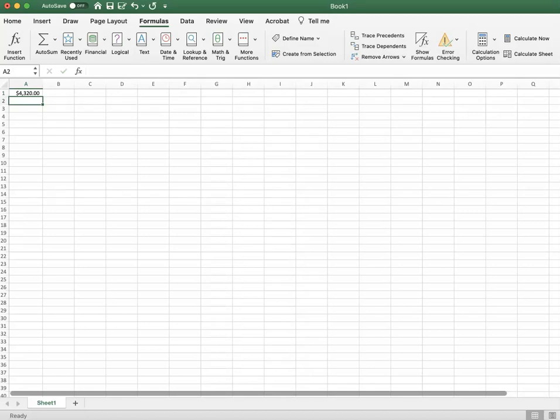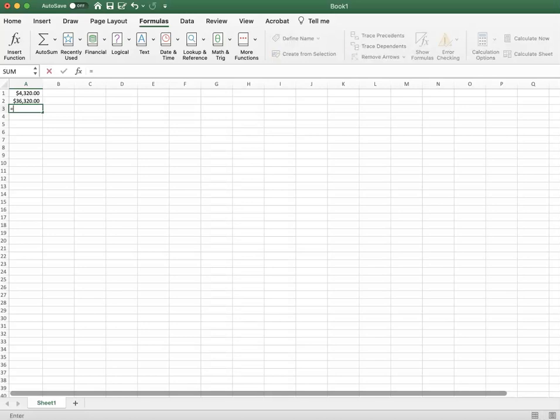We need to add an additional $4,320 to that principal. We can do that calculation here in Excel, hit equals, and then add that 4320. Every time you want Excel to do a calculation, remember, hit equals first, and it will turn Excel into a calculator.